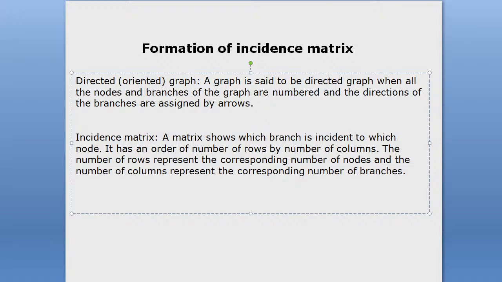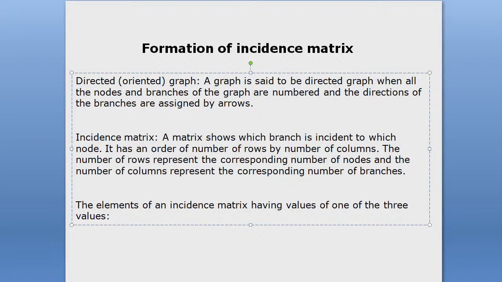The elements of an incident matrix have one of three values.